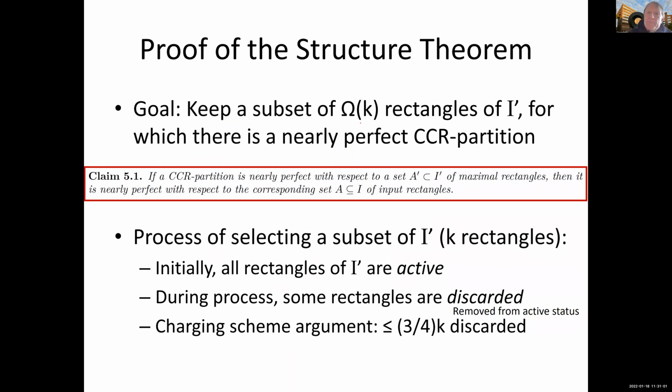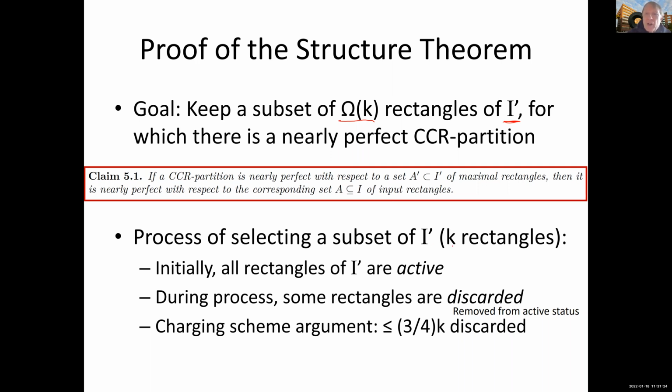So our goal is to keep a constant fraction subset of those maximal rectangles in that set. And if we can find a CCR partition that's nearly perfect with respect to the maximal expansions, then the original rectangles, one per expansion, will also satisfy the nearly perfect CCR partition.